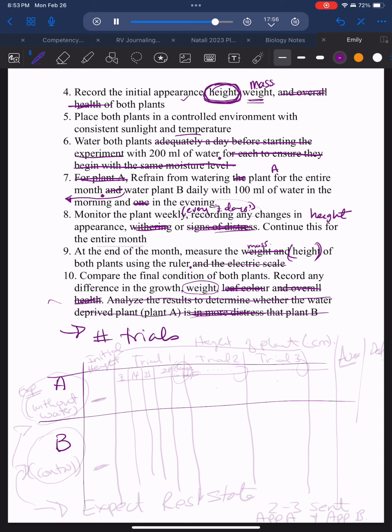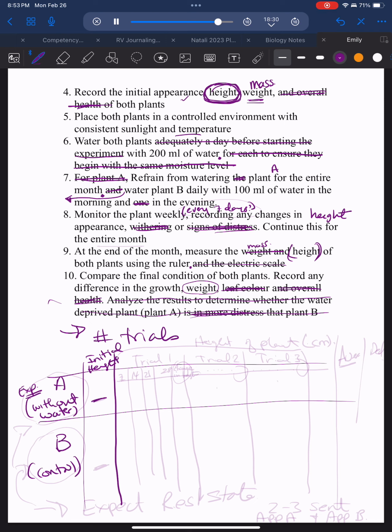Which one is your control? I think, which one was it? B was your control. This one was without water. This is your experimental group, right? You need your initial measurement. Which measurement are we using? Height. Because remember, we are using growth. So you will record here.